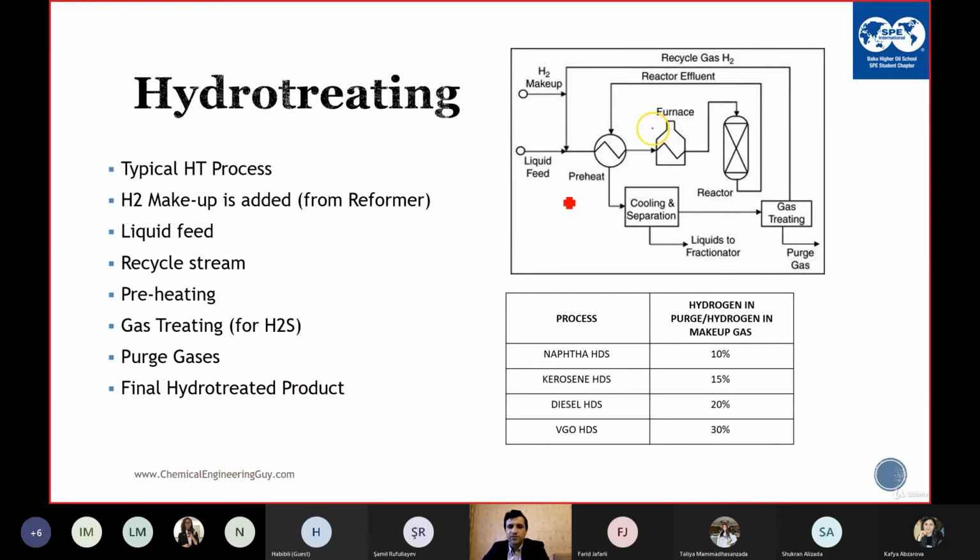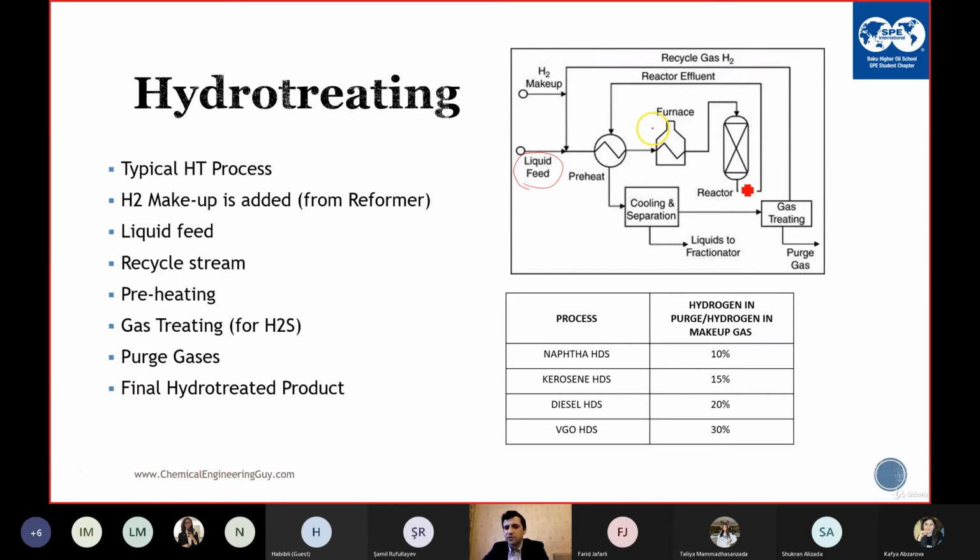So in hydrotreating, we have the liquid feed. We have the H2 makeup. Why makeup? We will see that we use an excess amount of hydrogen, and then the rest is recycled. It is preheated, sent to the furnace, and then sent to the reactor.